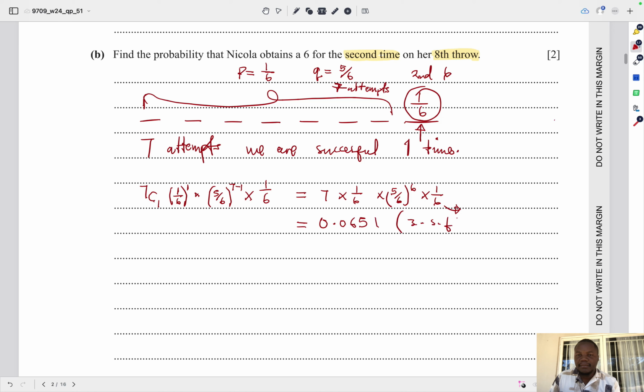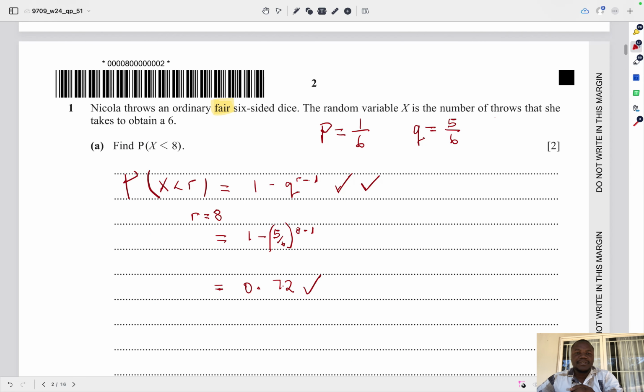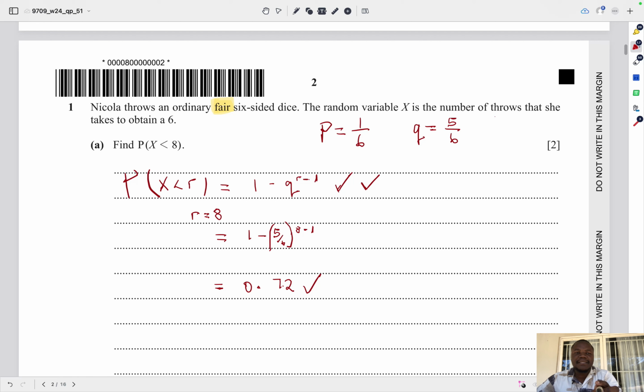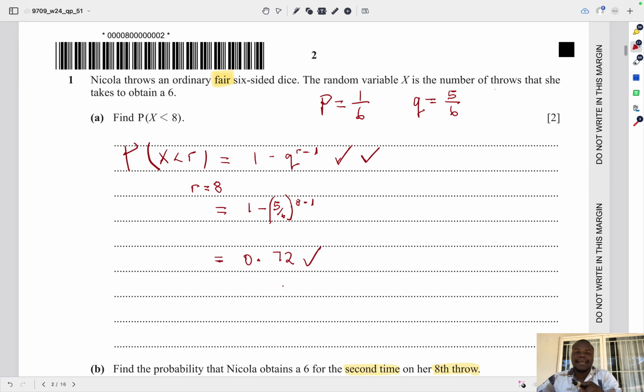So it's very important to actually understand the question and how the condition that is given can be met. Remember, when we started, we started with this question being geometric because we were not given a fixed number of attempts. This is why I always talk about geometric and binomial. Geometric has no fixed number of attempts.